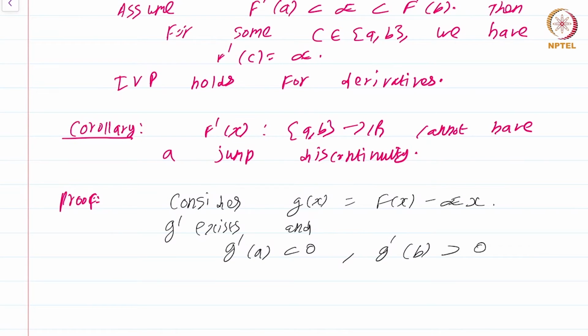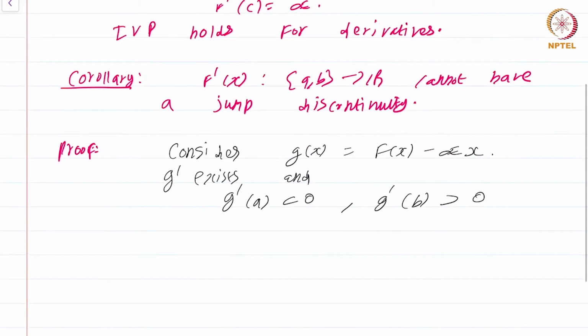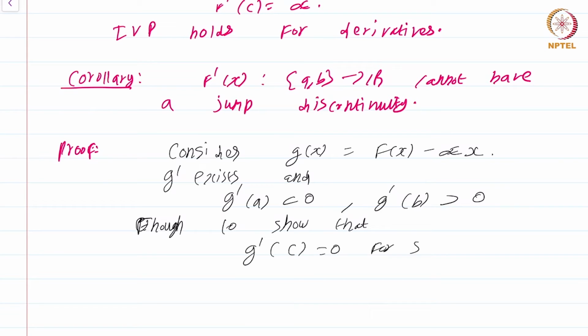This just follows because the derivative of alpha x is just alpha. So it is enough to show that g prime of c is 0 for some c in [a, b].